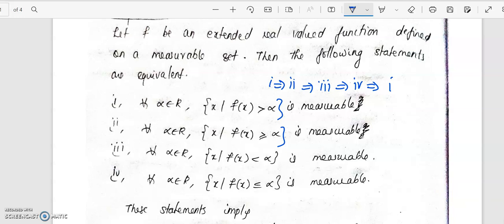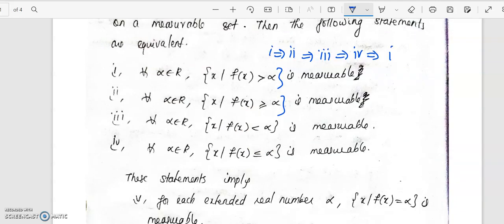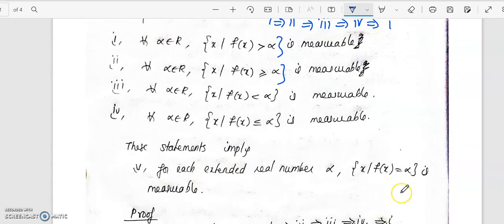And ഇനി ഈ 4 റിസൾട്ടിൽ നിന്നും നമുക്ക് ഒരു റിസൾട്ടും കൂടി ഉണ്ട്. That is a fifth result. So for extended real number alpha, the set x such that f of x equal to alpha is measurable. So alpha can be infinity or minus infinity or any number between that.